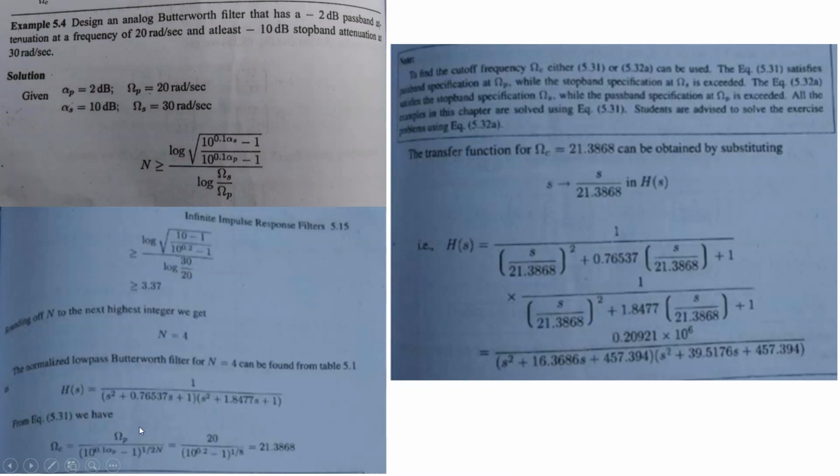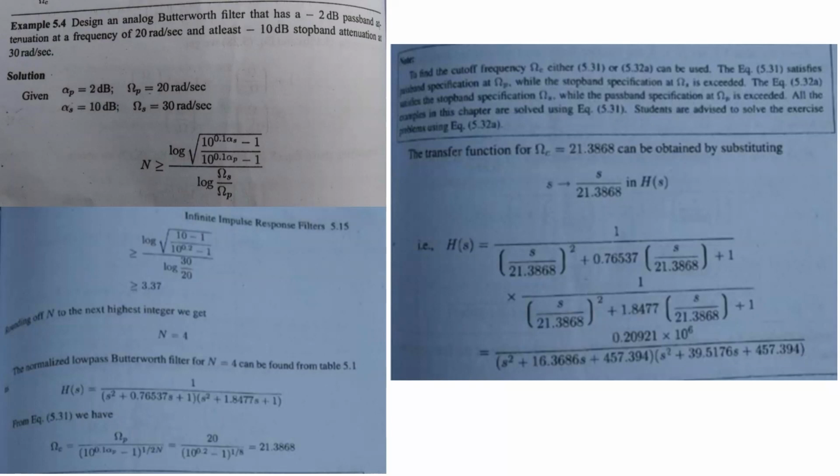And omega c can be calculated either by using the passband frequency and passband attenuation, or the stop band frequency and stop band attenuation. Here I have calculated it by using omega p and alpha p.